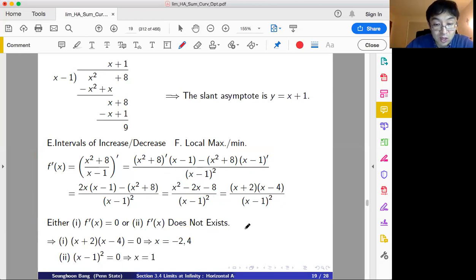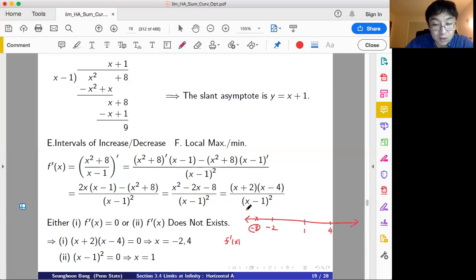So I can do that. You can draw a line like this. You plot negative 2, 1, and 4. We have 4 intervals. You can check f prime of x. So I can choose negative 3 as a test point.